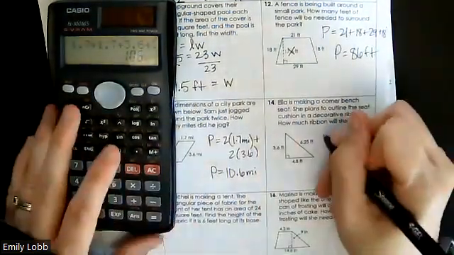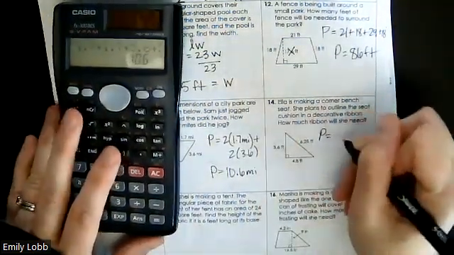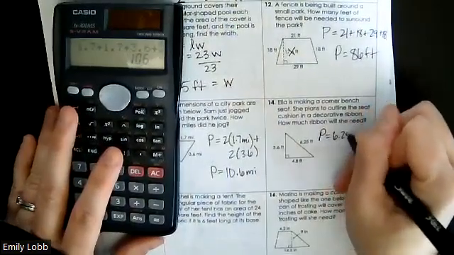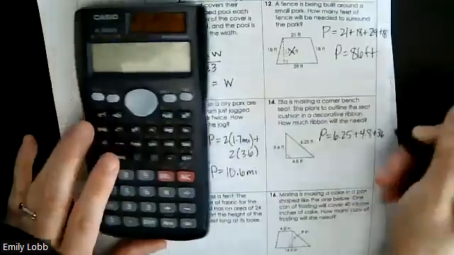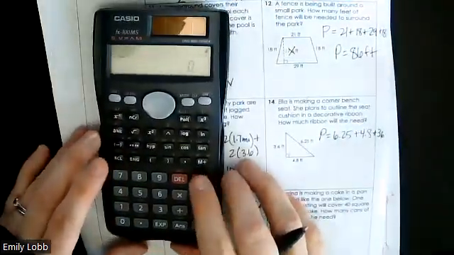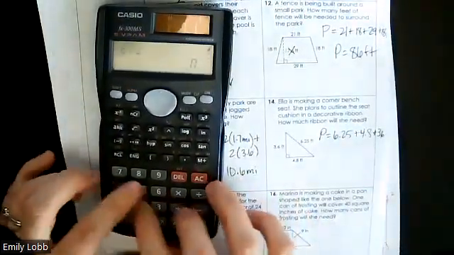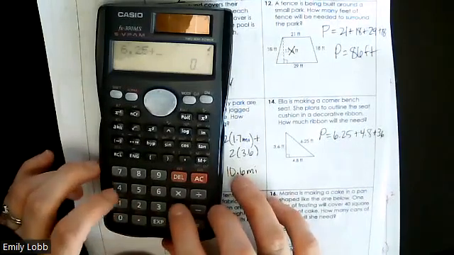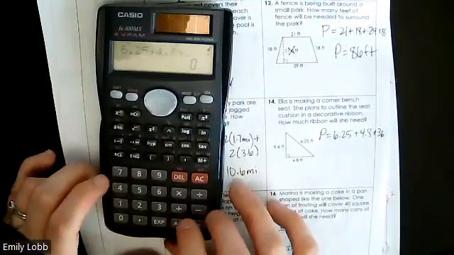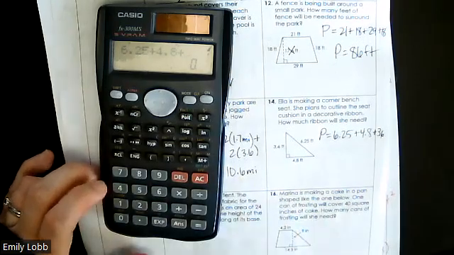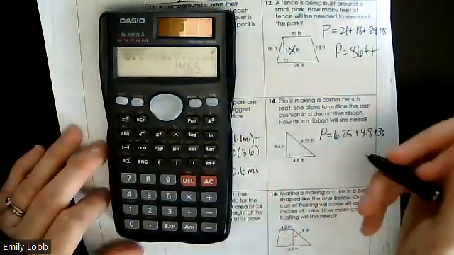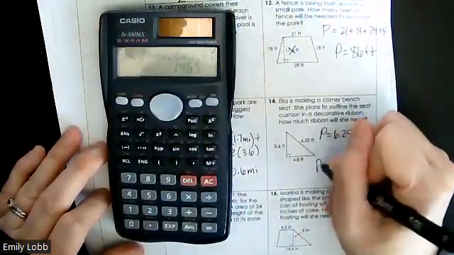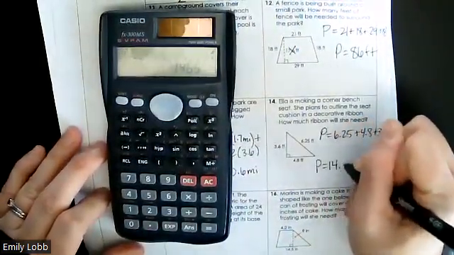So we would add them up. 6.25 plus 4.8 plus 3.6. Throw them in. Notice, even though I'm using my calculator, I'm showing what I'm putting into my calculator, so I can figure it out if I did something incorrectly.